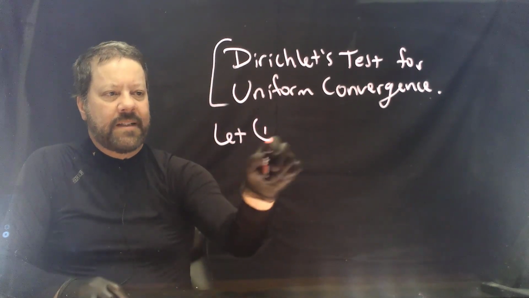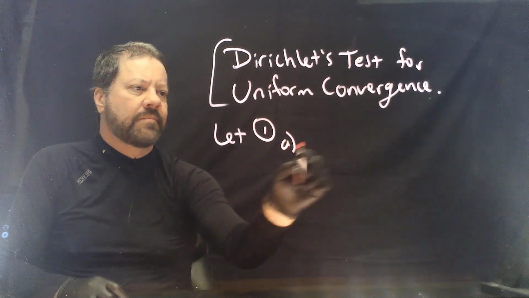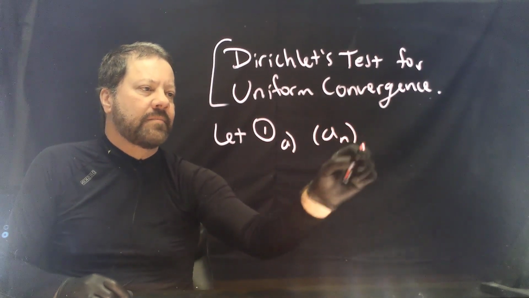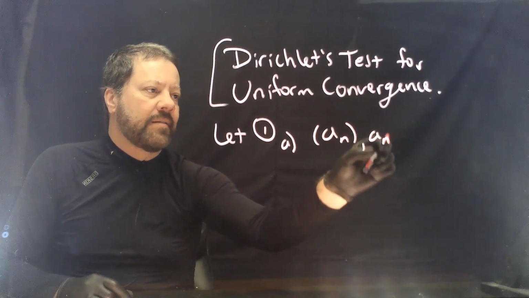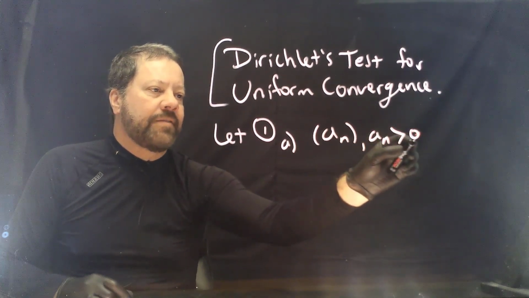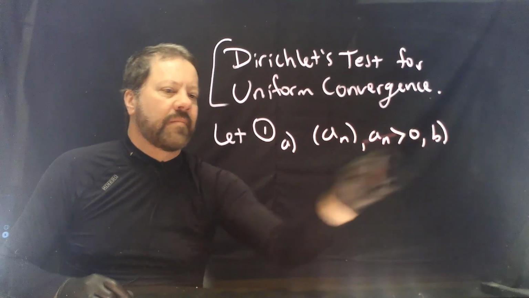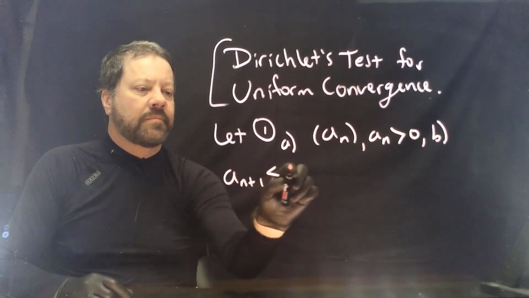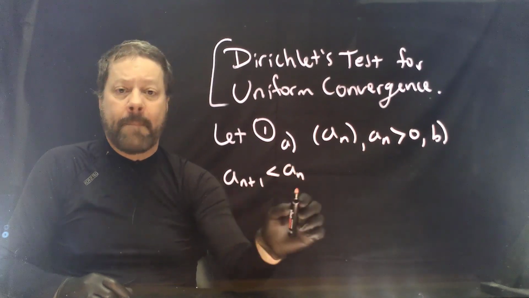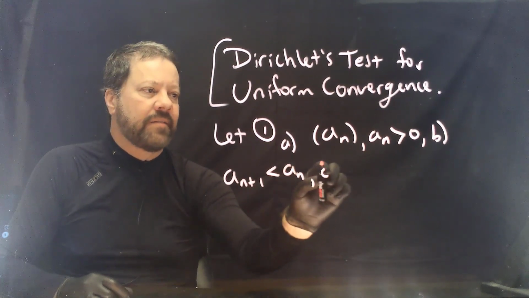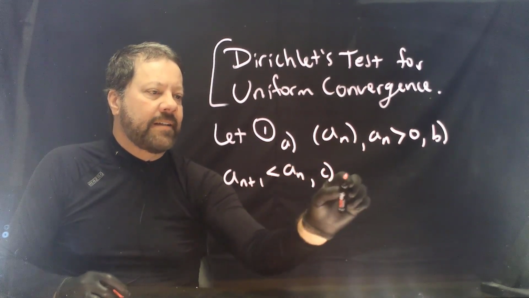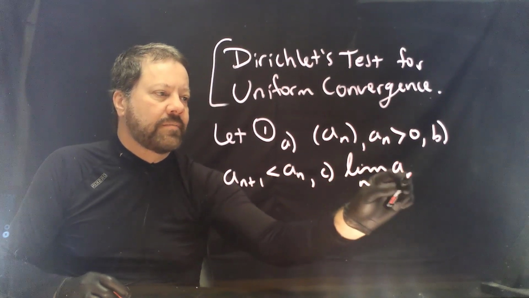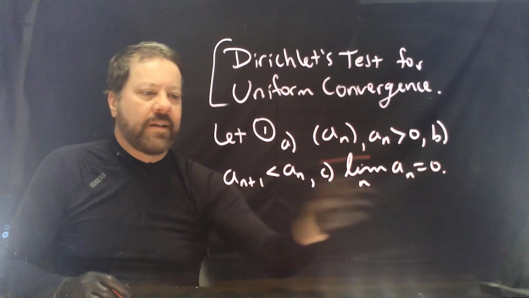We'll suppose that the sequence a_n has positive terms. The terms are monotone decreasing, and they go to 0.